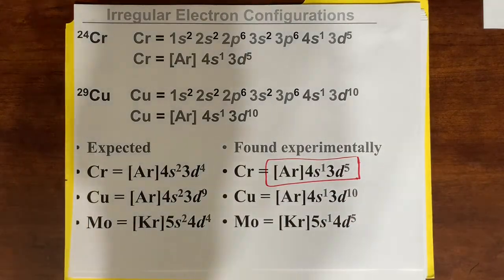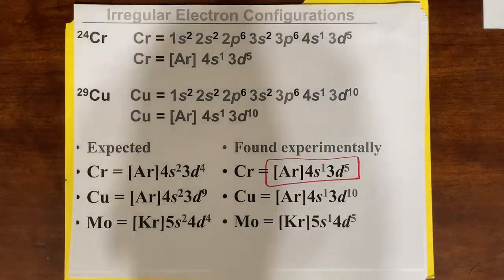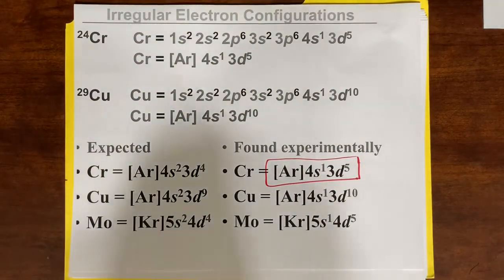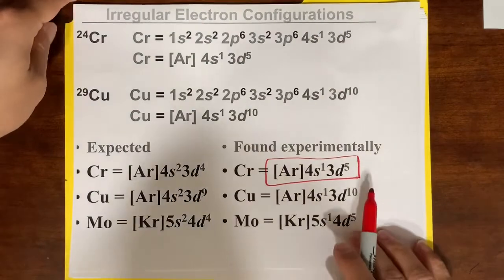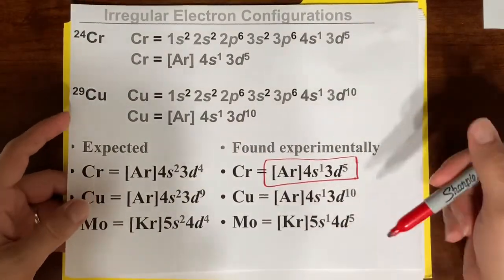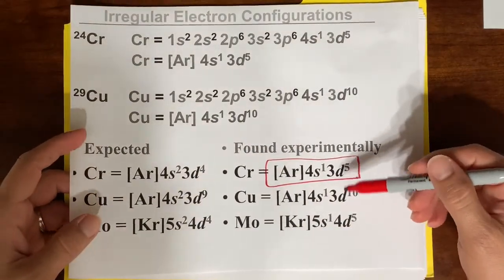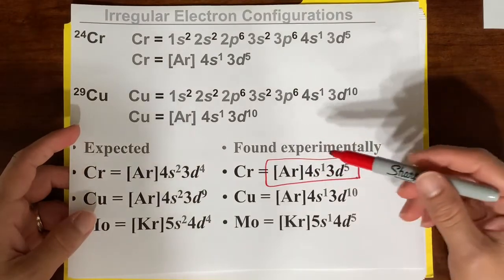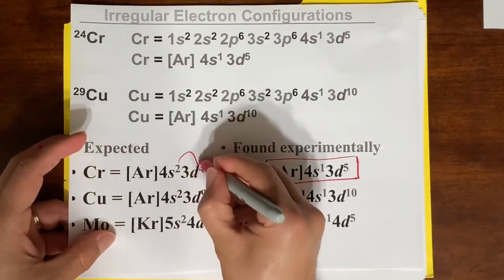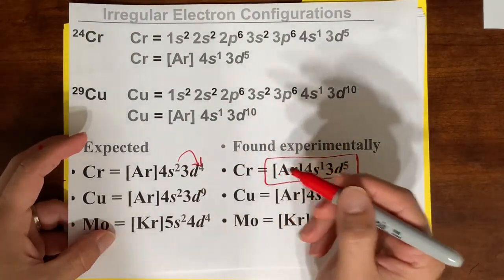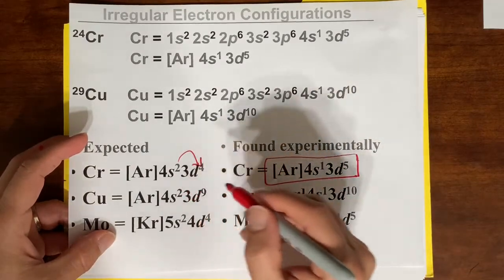Anything under copper or chromium will have the same electron configuration as either copper or chromium. Let's talk about why we see such exceptions. Why is one electron moving from s to d orbital?